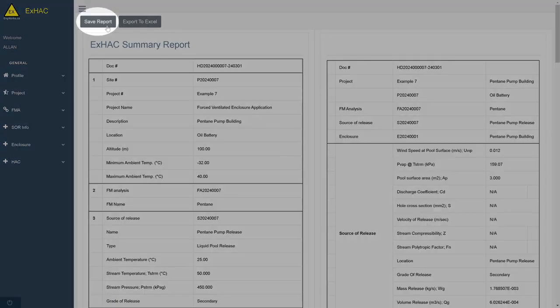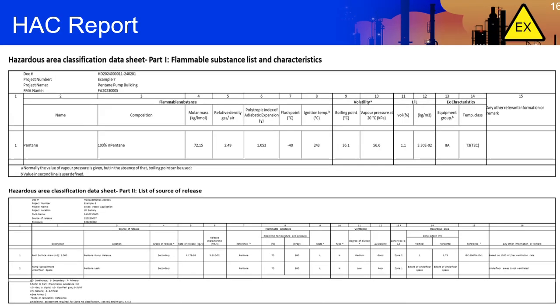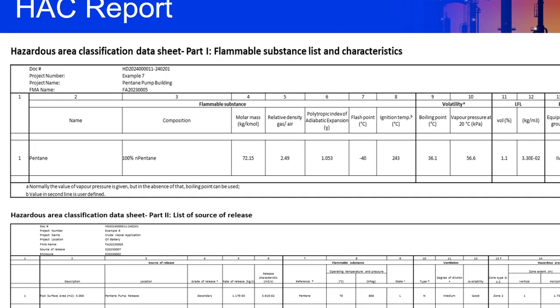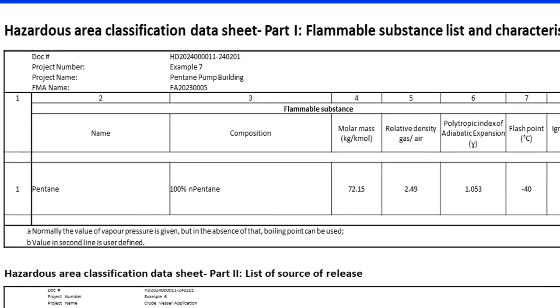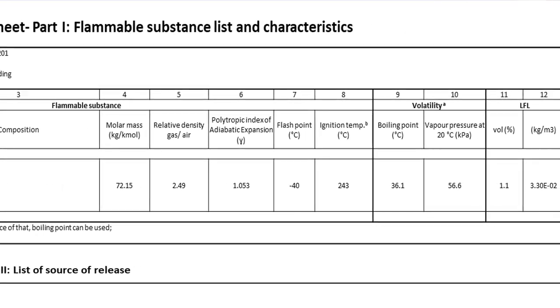We can choose to save our report in our HAC report list for later retrieval within ExHAC, or export the report as an Excel file for archiving purposes. The Excel version of the ExHAC report can then be modified to incorporate any other sources of release considered in the assessment.